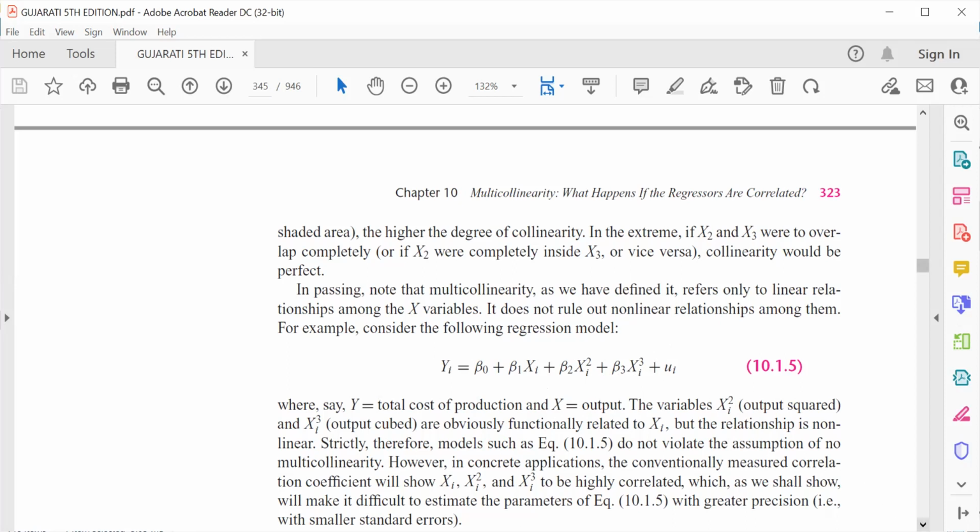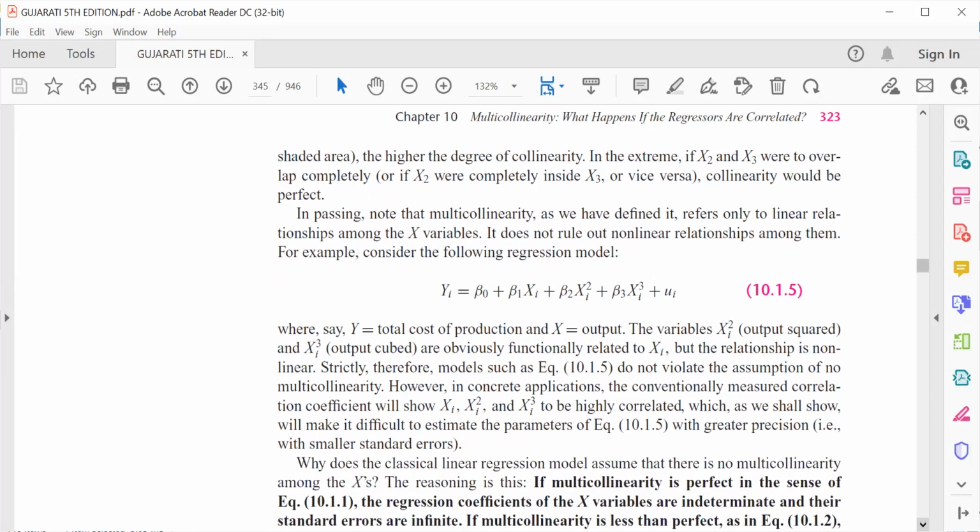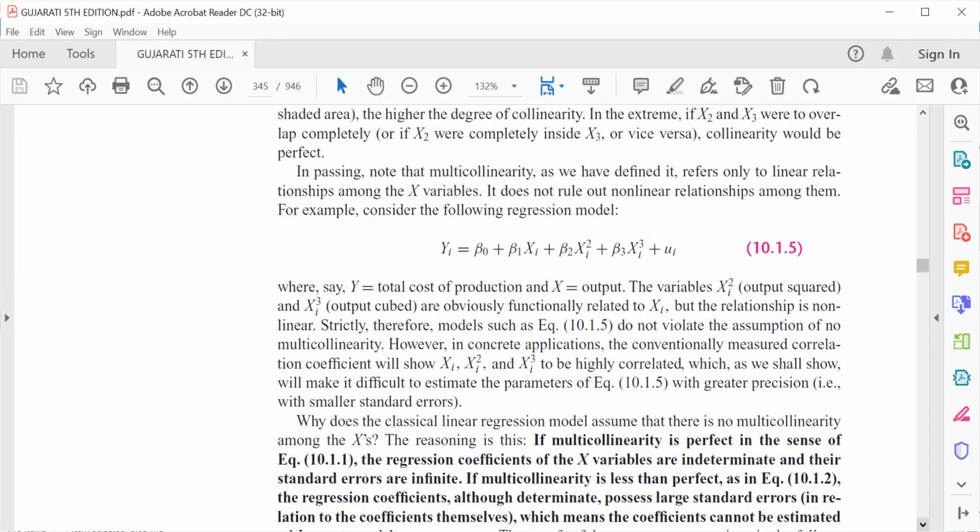So usually in total cost functions, it is possible to have perfect multicollinearity because another X is calculated from the original X. If multicollinearity is perfect in the sense of equation 10.1.1, the regression coefficients of the X variables are indeterminate and the standard errors are infinite.